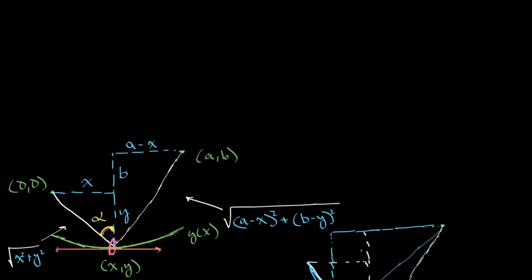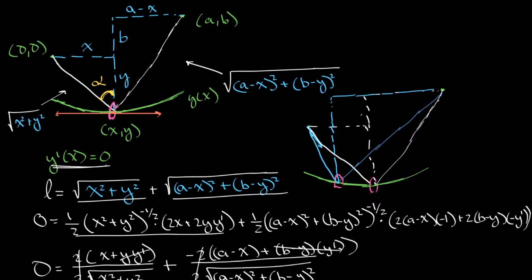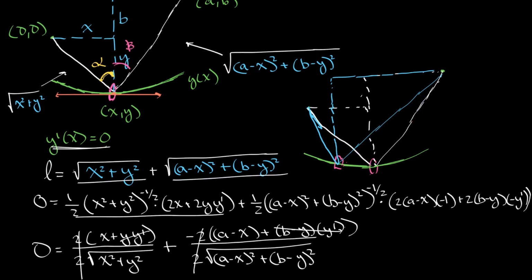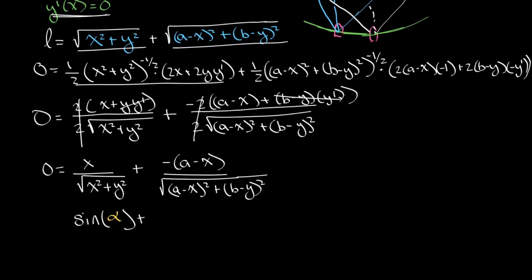Well, again, if we were to call this angle beta, then this is the sine of beta. So we have minus, we can't forget this negative here, minus the sine of beta.